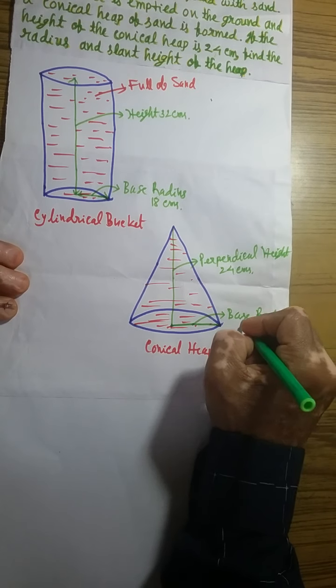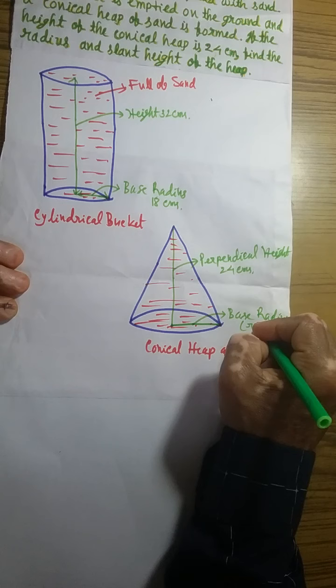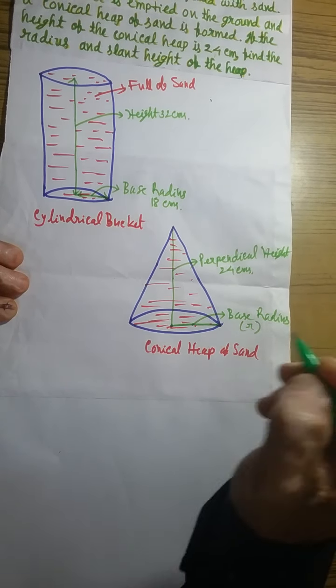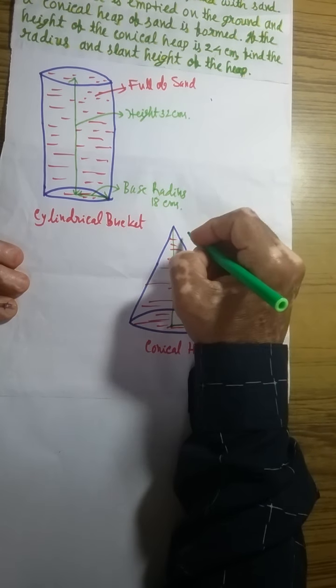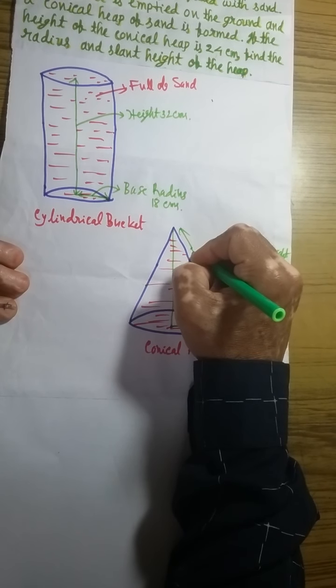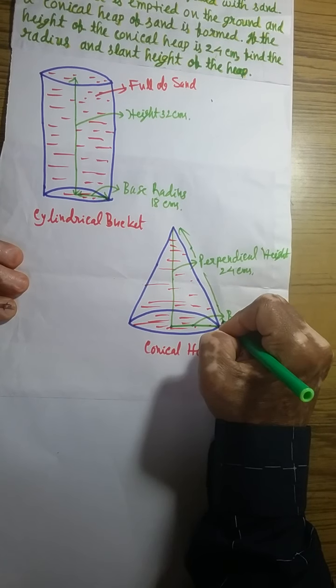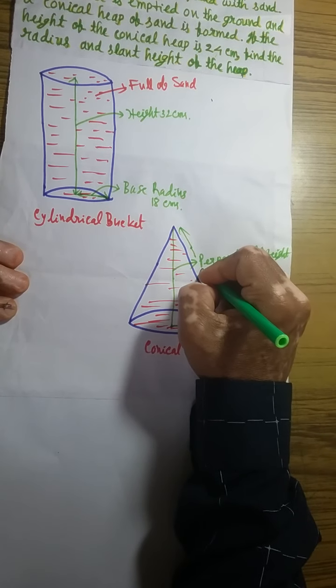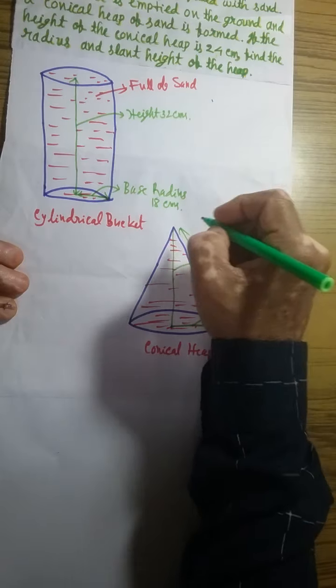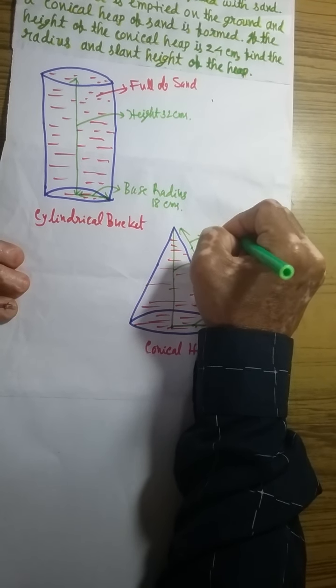In this case, we will consider the base radius of this conical heap to be r centimeters, and at the same time we also have to determine the slant height of this conical heap of sand.